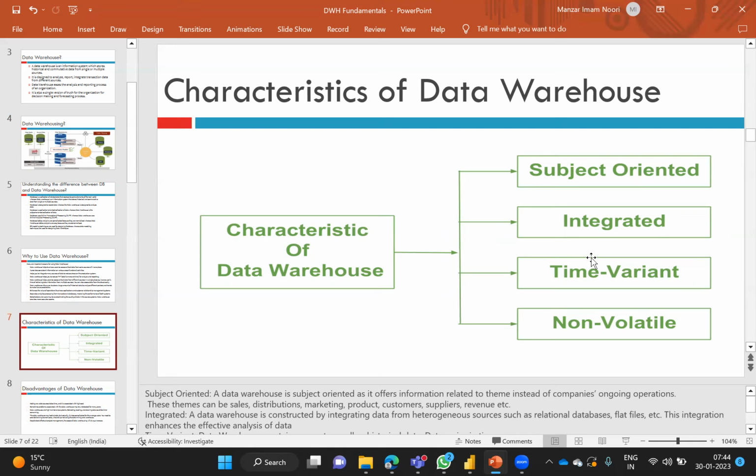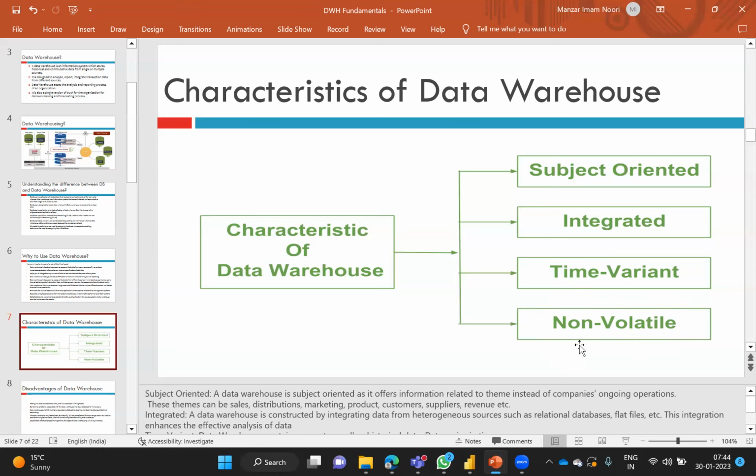So based on the relevancy to their business, they just keep the data like that. Fine. You have non-volatile data. That means data is not easily changed, moved, or deleted, right?